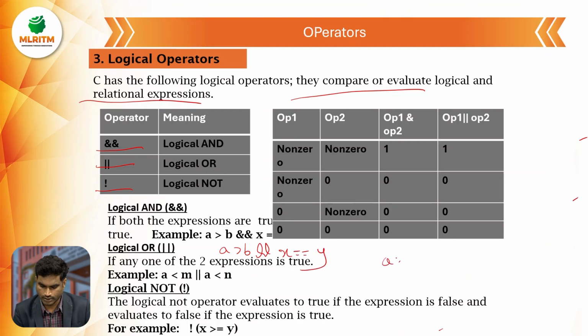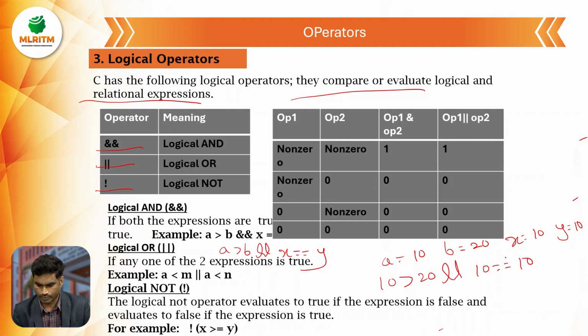The a value is 10, b value is 20, x value is 10, y value is 10. What is the value? 10 greater than 20 and 10 equal to 10. This condition is false, this condition is true. Finally, the result is false.